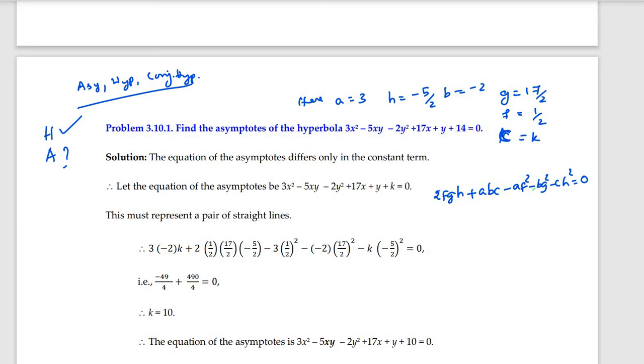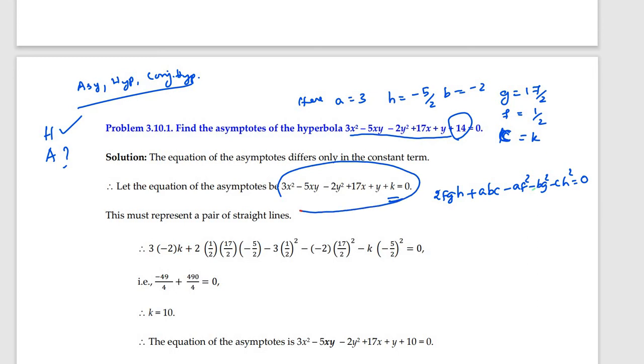So a hyperbola and its asymptotes both differ only by a constant. So we retain all this but only change the constant as say some k.